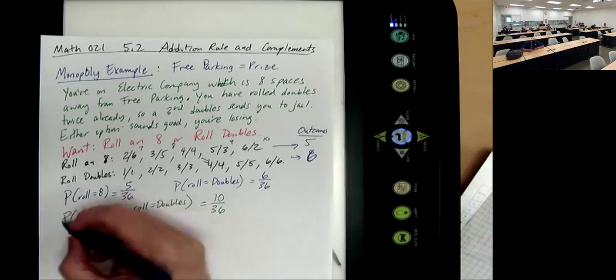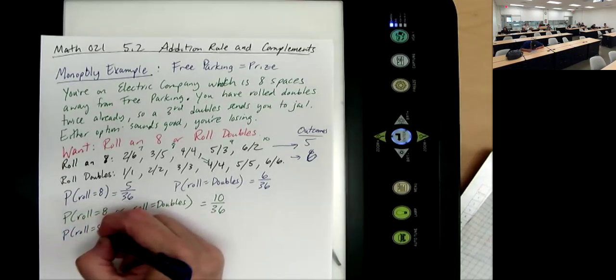What happens if I had just added together the 2 probabilities separately that I had?